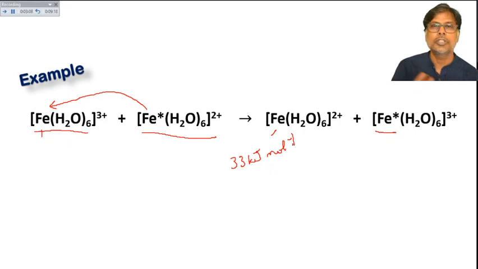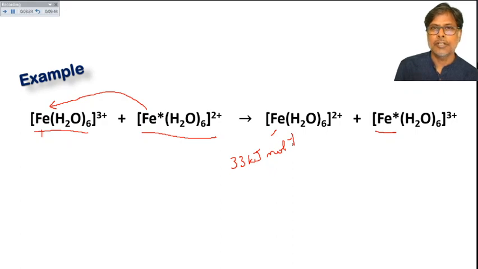The T2G orbitals in the iron 2 complex are higher in energy, and the T2G orbitals in the iron 3 complex are lower in energy. So the electron transfer cannot happen from one orbital to another without input of energy.